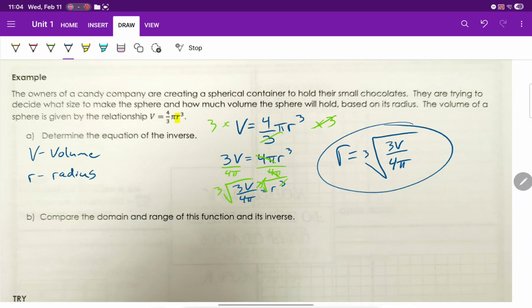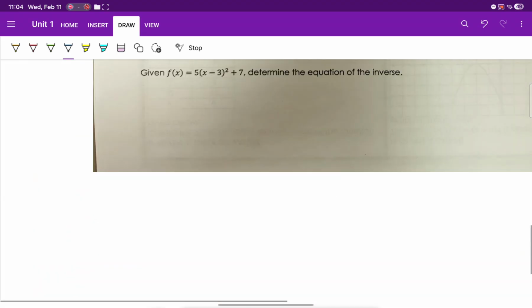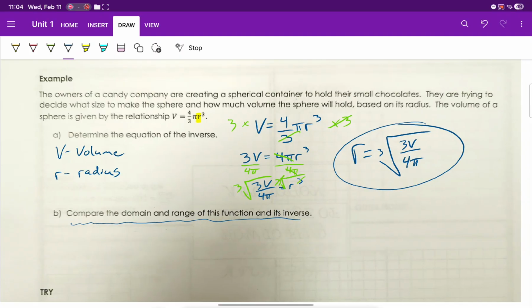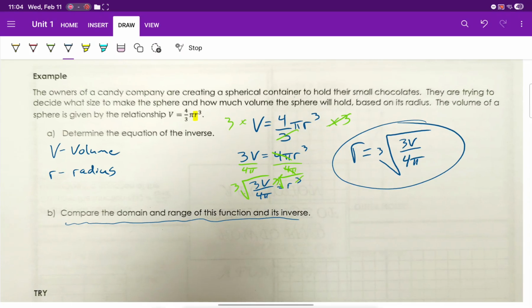Now, the next question just says compare the domain and range. The reason I'm asking about domain and range here is because of the context of this question. This question is talking about creating a spherical container to hold chocolates.